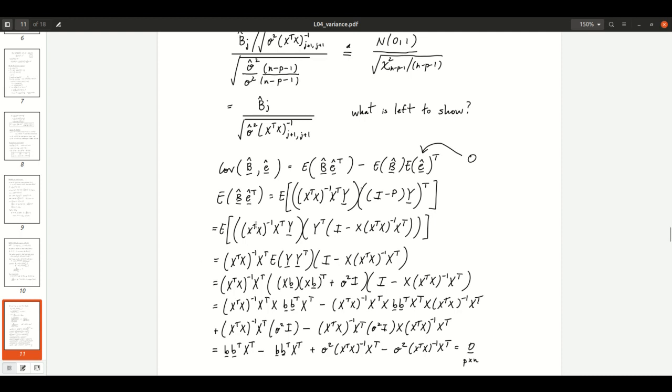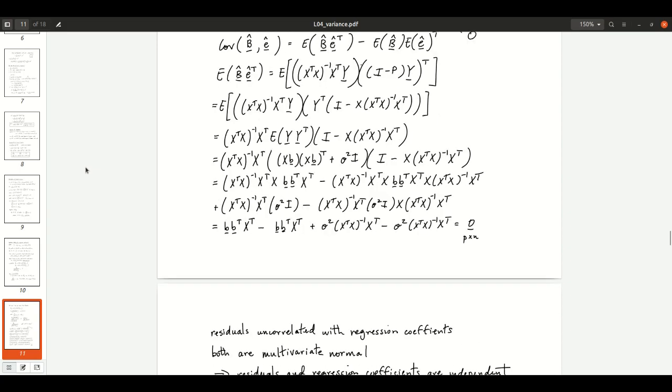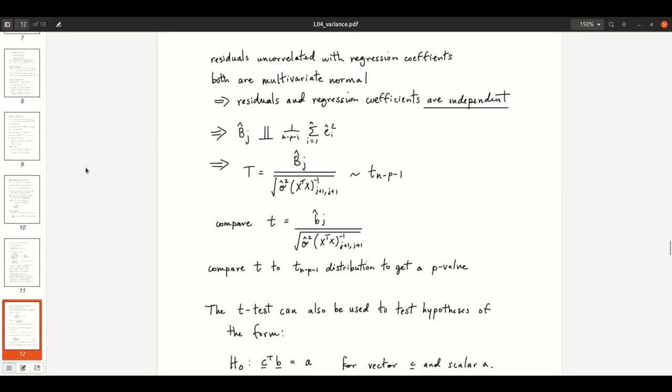So if you go through all these steps, you can show that b hat and e hat are uncorrelated, and therefore, because they're multivariate normal, they're independent, and any function of them are also independent. Okay, and that's just the argument that's laid out here. The residuals are uncorrelated with the regression coefficients.